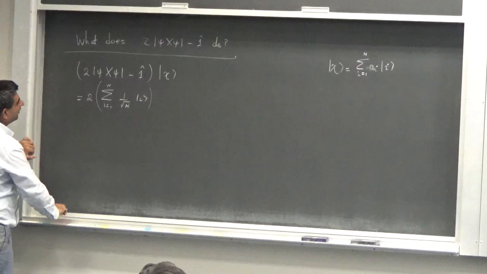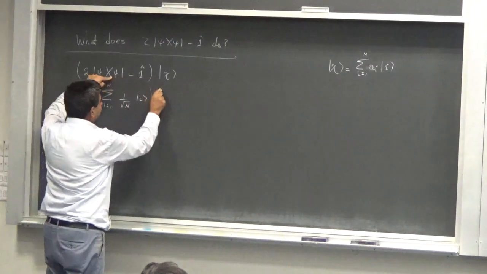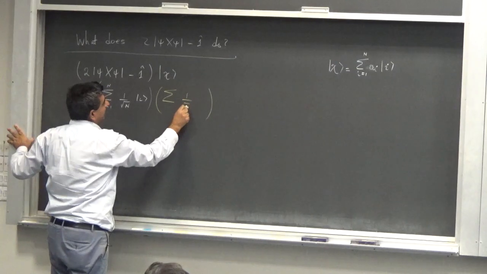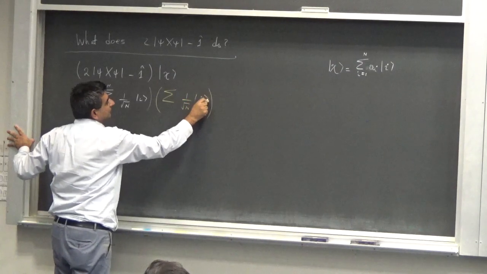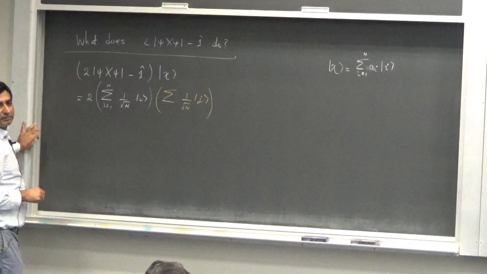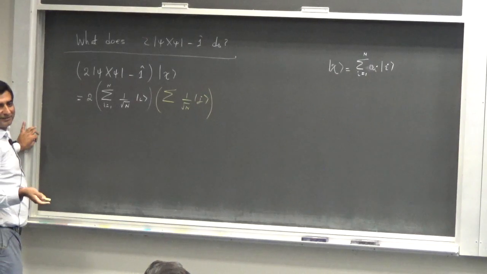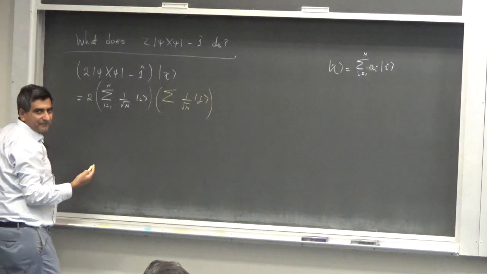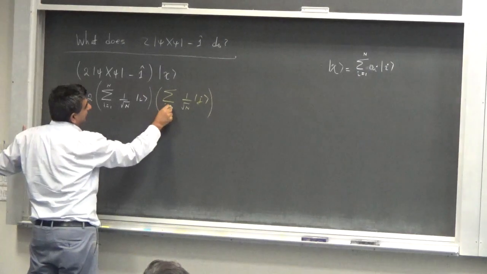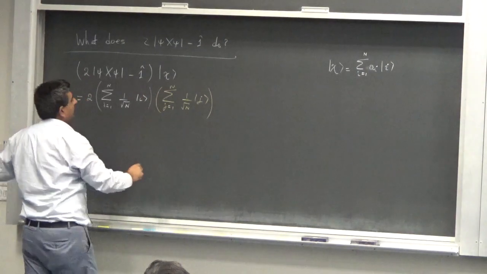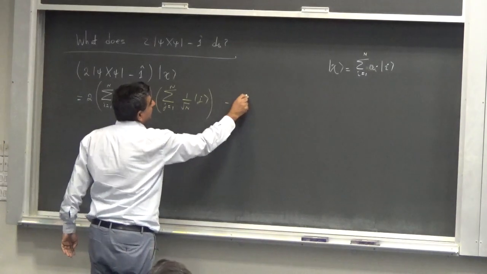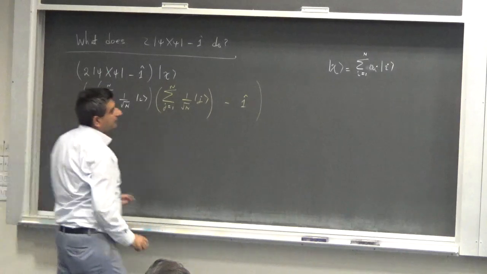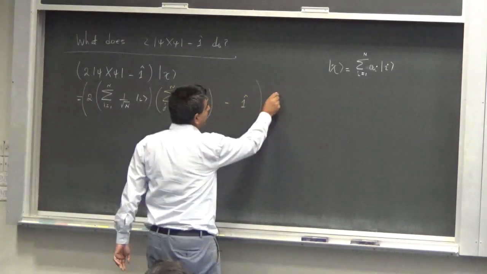Now the corresponding bra is given by 1 over root n, I just use a different label now, j. Instead of i I use j. I can't use i here, I have to use a different index. This is j, goes from 1 to n, minus identity, of course, and all of this is now acting on this arbitrary input state.